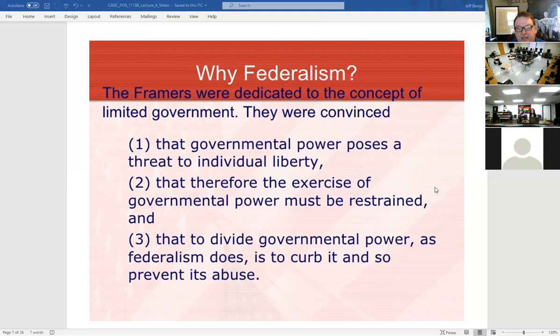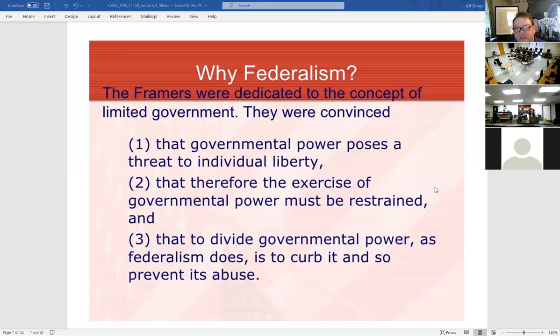The framers of the Constitution were very convinced that government power will pose a threat to individual liberty. Any government that the power of that government starts to grow and get out of control is a threat to the liberty of individual citizens.